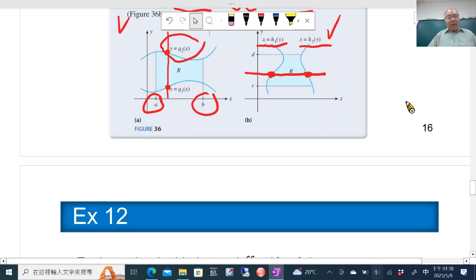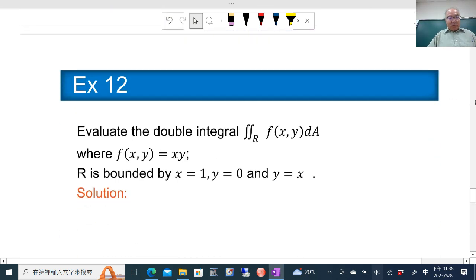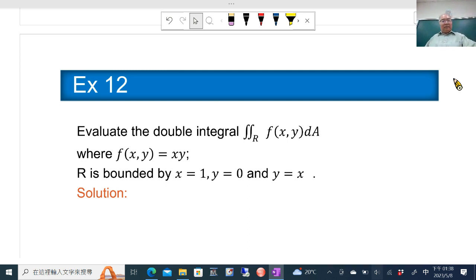Our example is an obviously easy one. The first double integral we are going to evaluate is number 12, and the function is simple, x times y, a two-variable function.